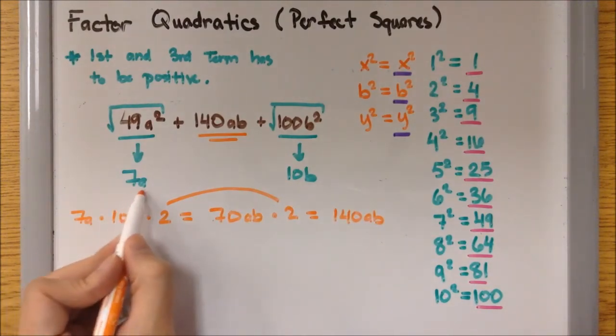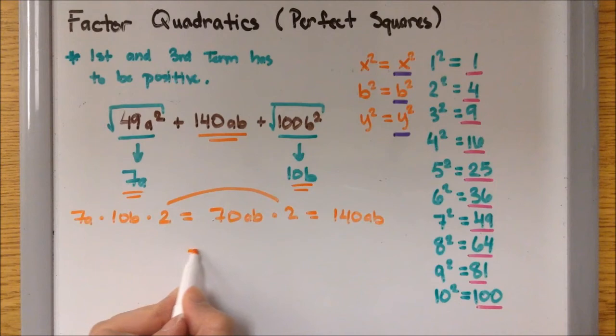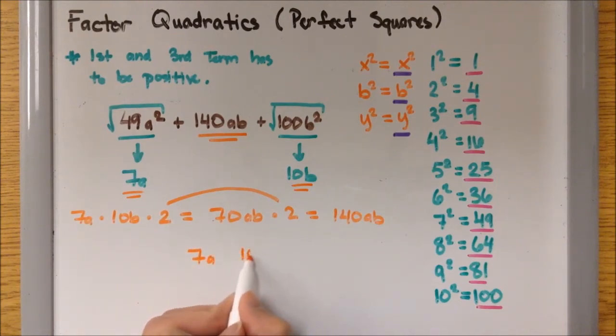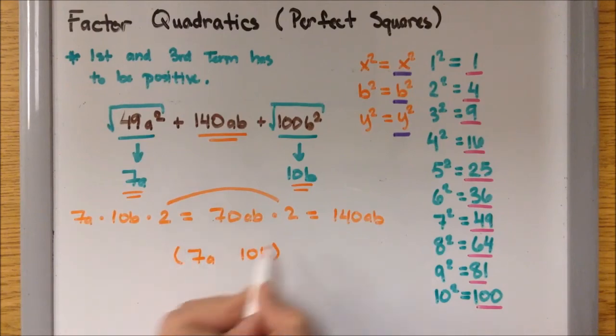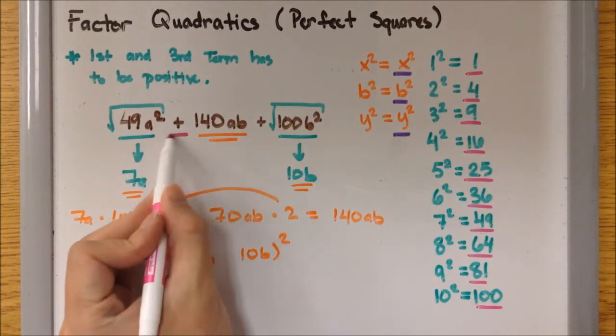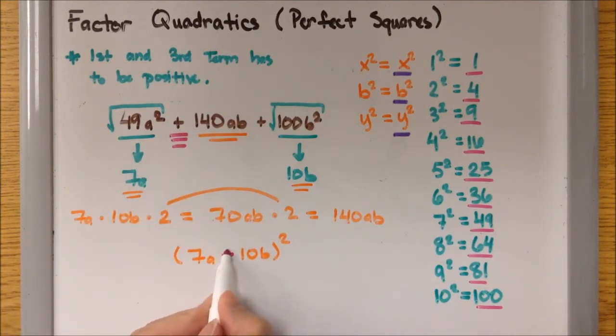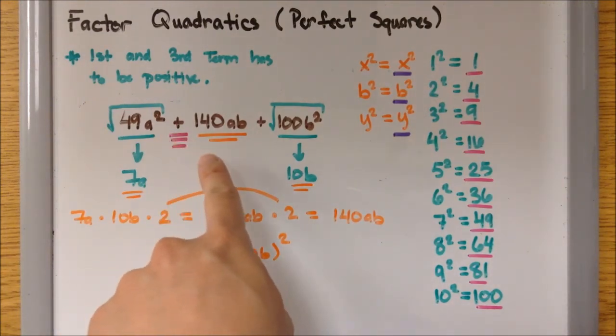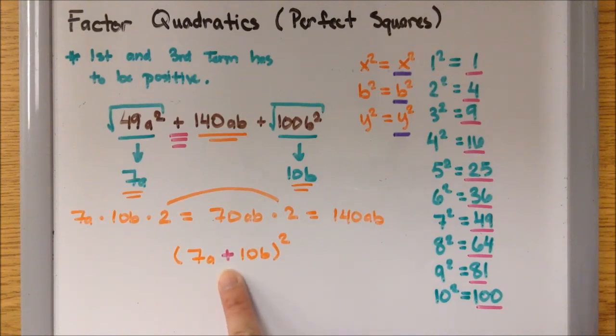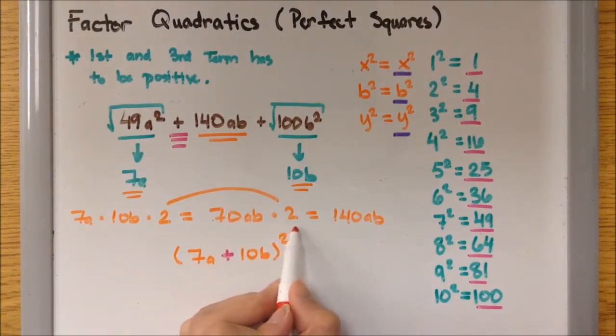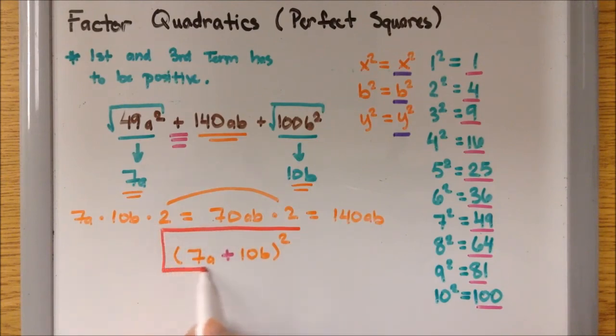So we're going to use 7a and 10b with parentheses and square. Now, what's in front of the middle term will be in the middle of the final answer. Since there was a plus in the middle term, we're going to put plus in the final answer. So our final answer is (7a plus 10b) squared.